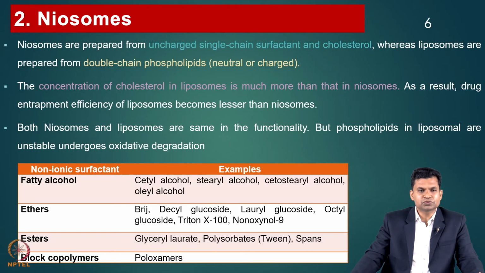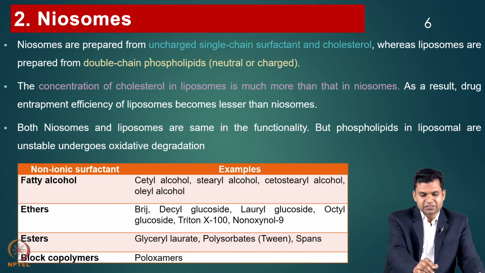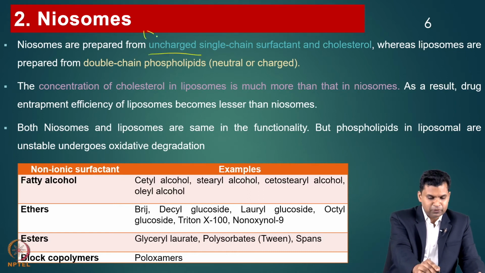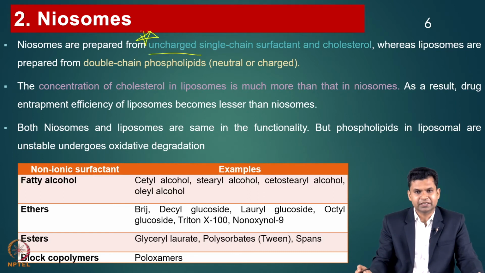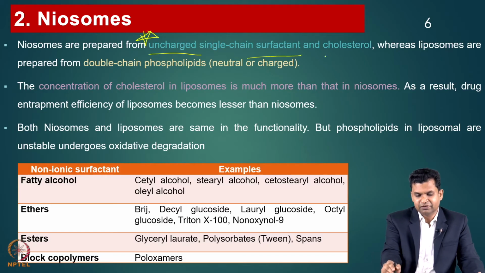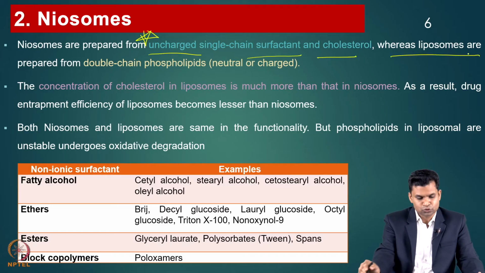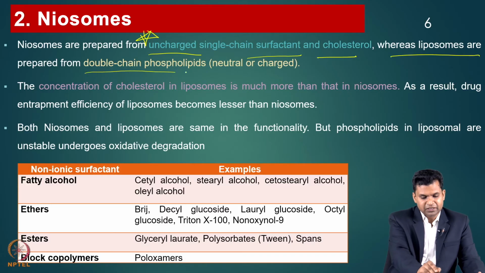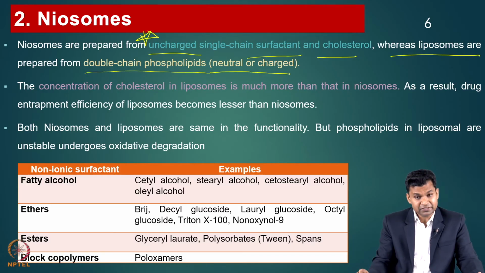Now, niosomes are prepared from uncharged, this point is very important, which are nothing but non-ionic surfactants with cholesterol, whereas liposomes are prepared from double chain phospholipids.